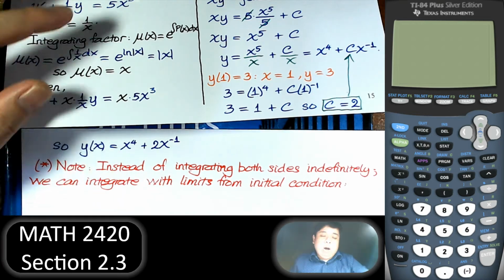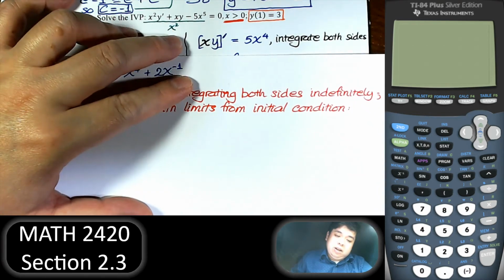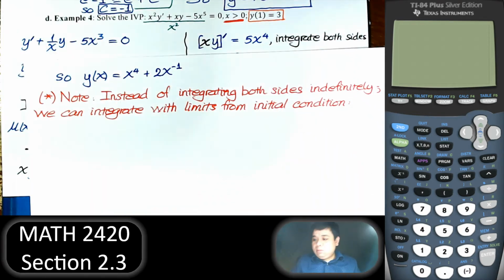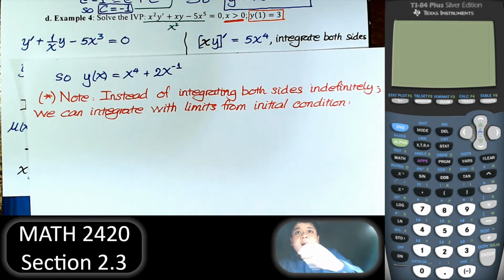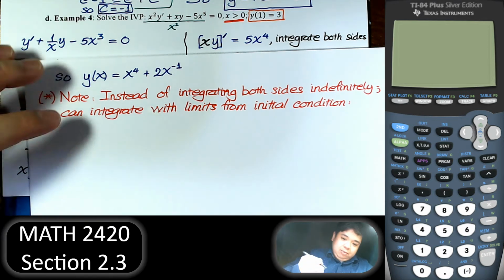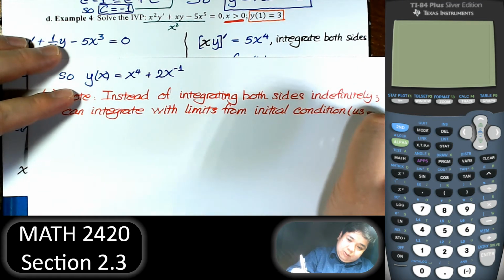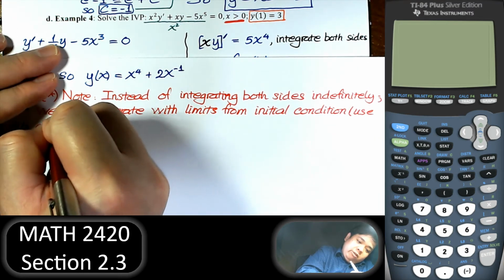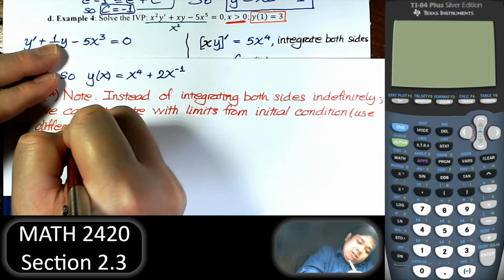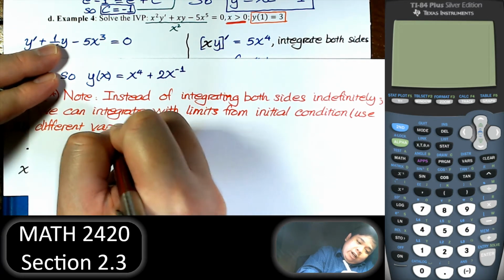So what I want you to focus on is this step here. But because we're going to put x on the limit, I have to put t in there instead. So instead of x, I have to write t. Use a different variable for x.